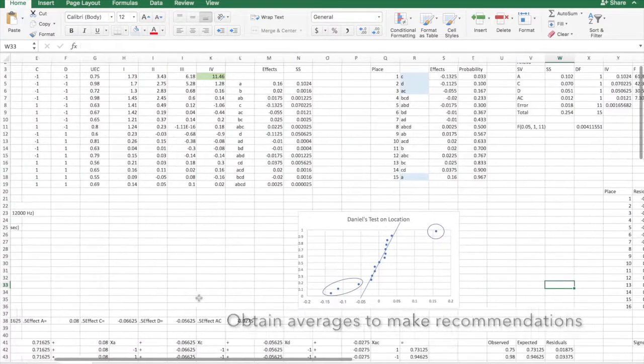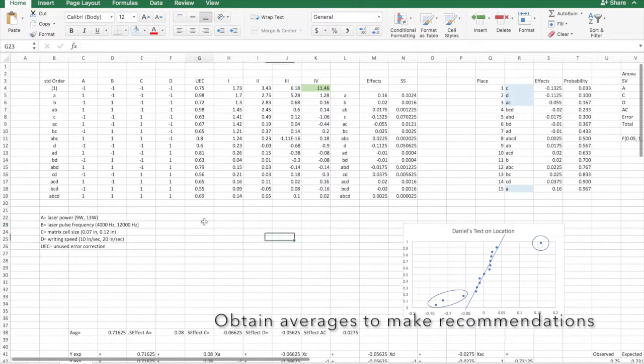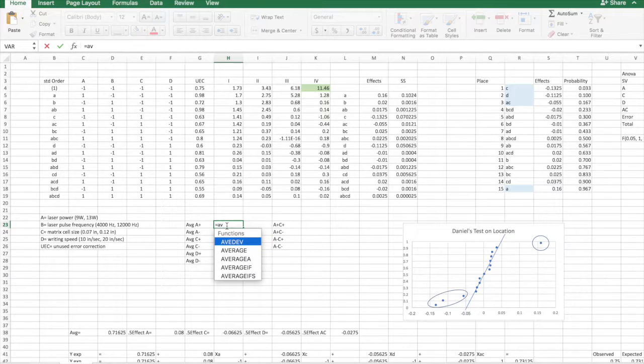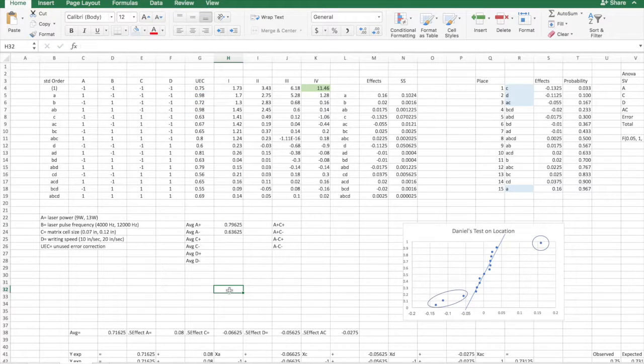We have to obtain the averages. For example, we have to obtain the average for every significant effect and interaction. With this, we obtain averages of A when it's high, which means skip 1, select 1, skip 1, select 1. We assume we want to minimize the response value variable.